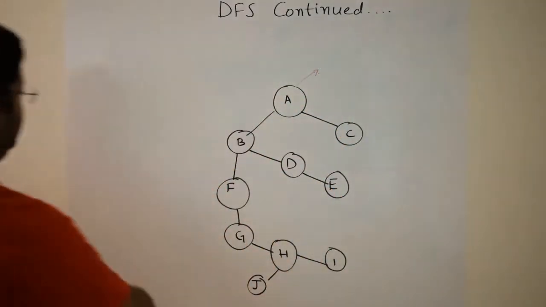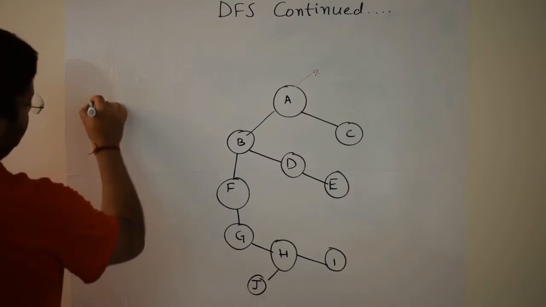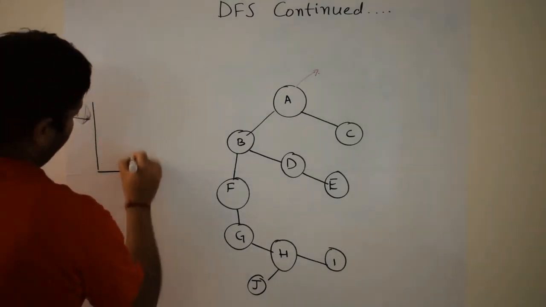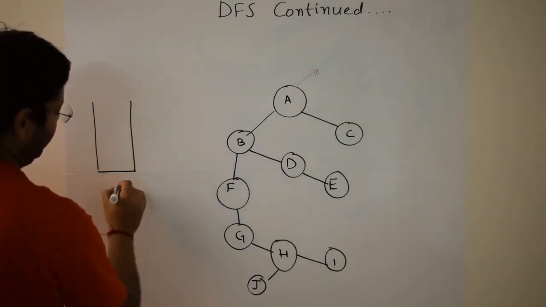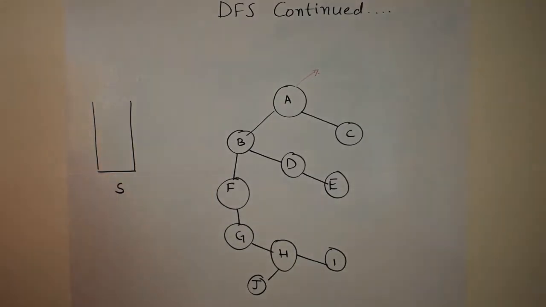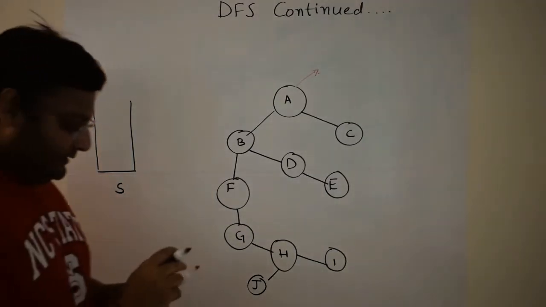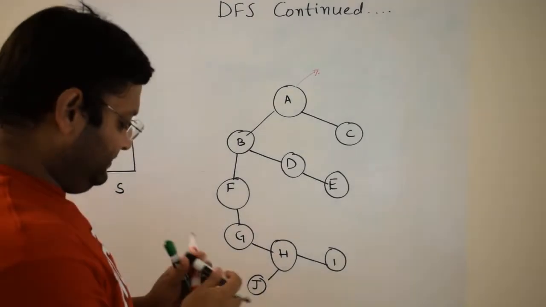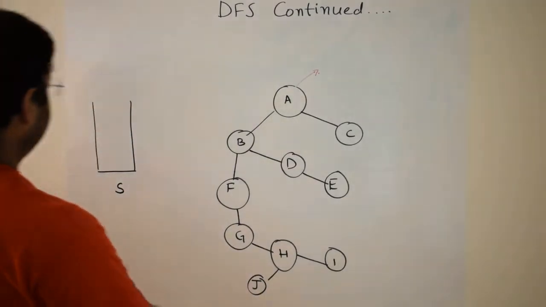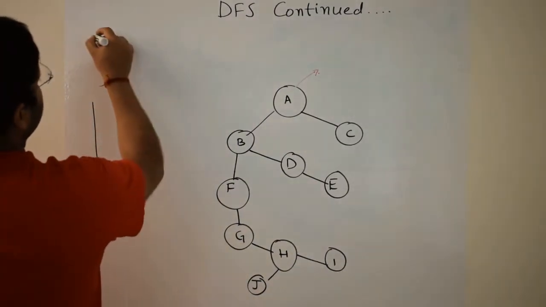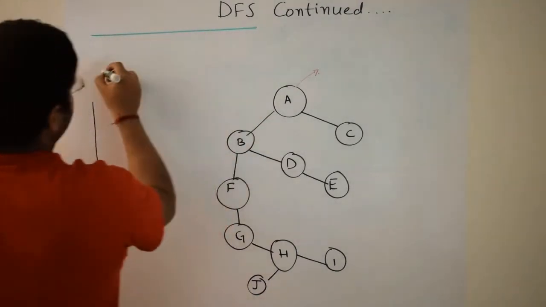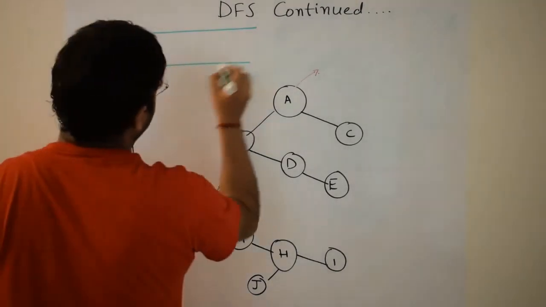Now let me also make a stack here, and let me call this stack S, and let me also keep an array which will track the nodes which I have visited. Now what does that mean?